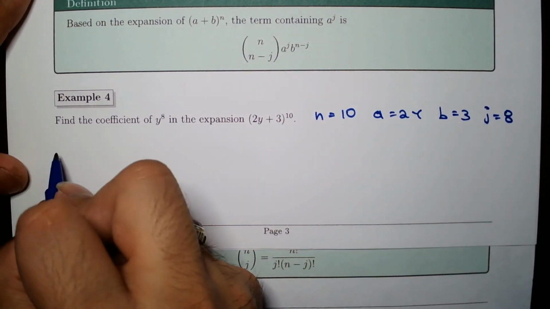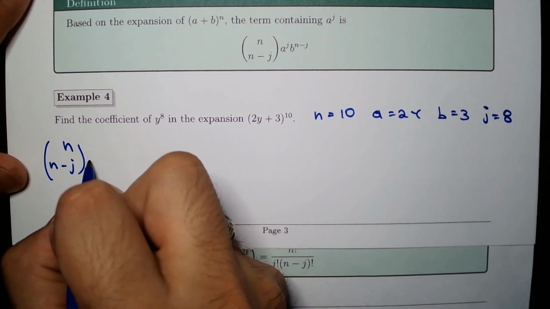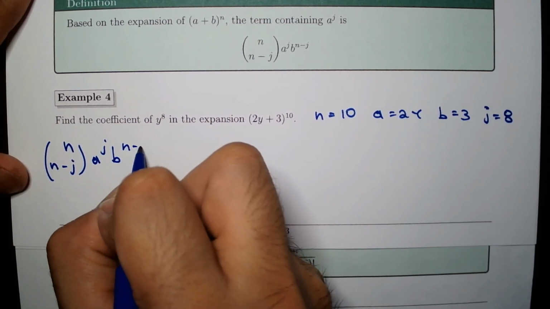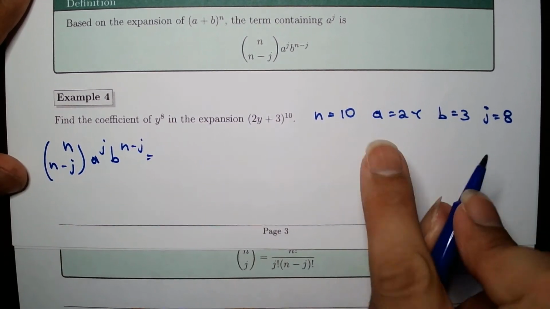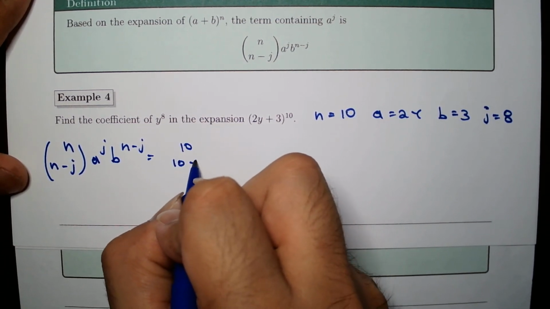So let's evaluate this. n choose n minus j, a to the j, b to the n minus j. Well, n in this case is 10. And then choose 10 minus j, that's 10 minus 8.